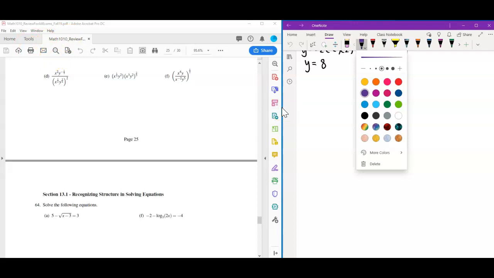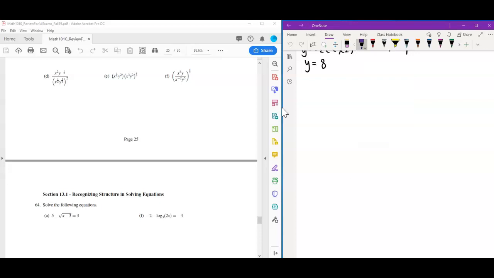If I have x squared y to the negative 1/2 over x to the 1/2 y to the 3/4, and the bottom is all squared, then I need to distribute that 2 to everybody on the bottom.